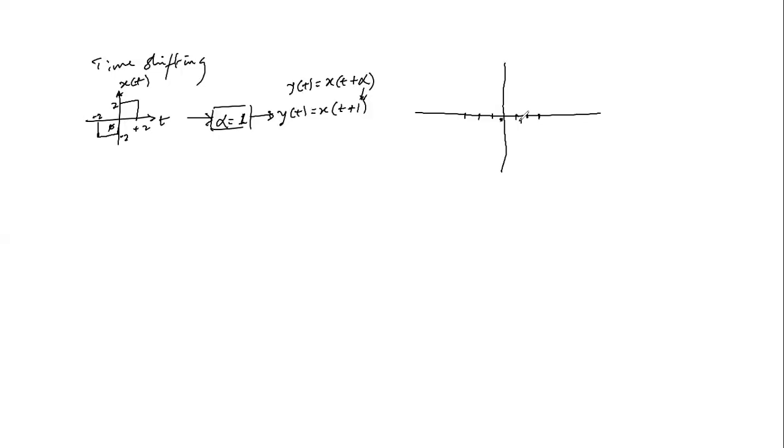We have 1, 2, 3, and right here we have -1, -2, -3. And then we have amplitude. Since it's time shifting, it has an impact on the amplitude value. So let's say this is our amplitude of 2 here, and this is our amplitude of -2.